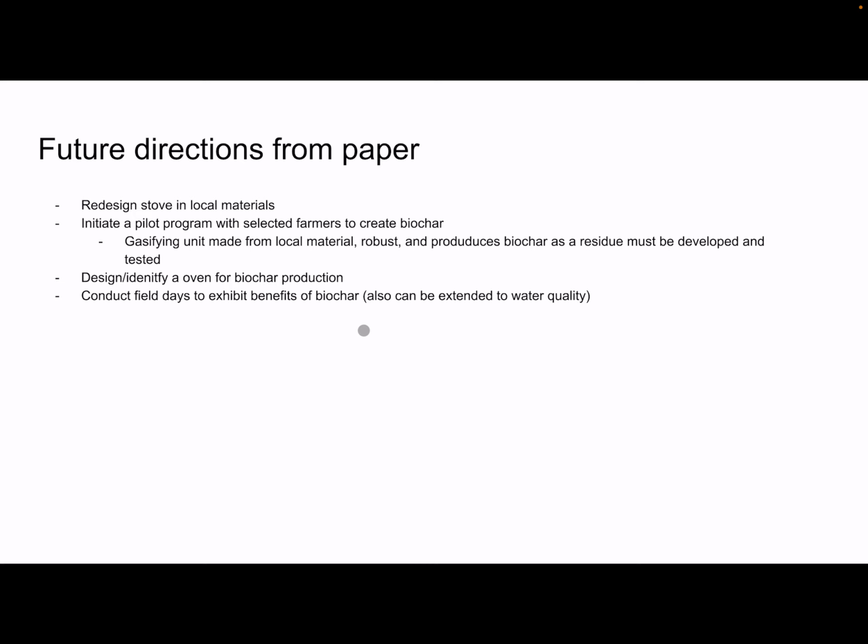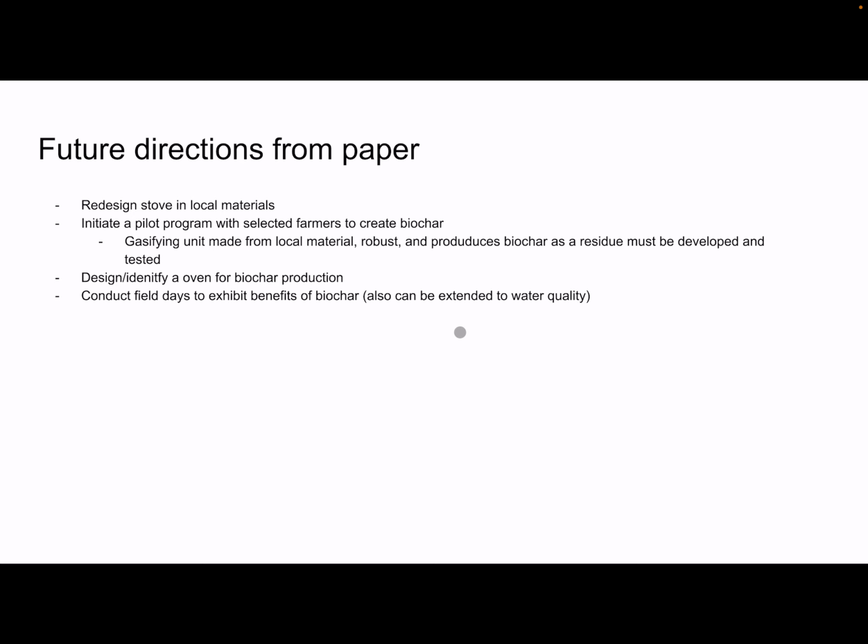This paper really focused on using biochar for soil quality, but a lot of this can be extended to water quality. Something that I took away from this paper was that biochar has increased ability to store nutrients, and obviously that's important for soil because you want the plants to get those nutrients, but for water quality management you also want the biochar to hold on to excess nutrients, and you don't want that to seep into the water.